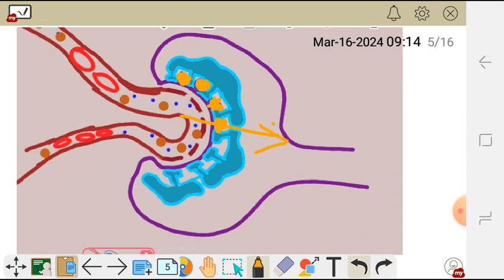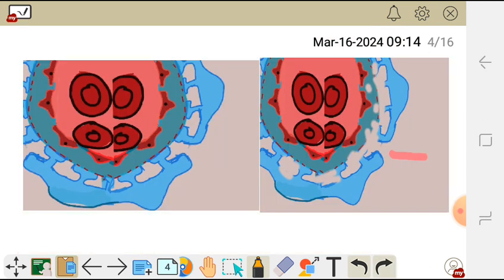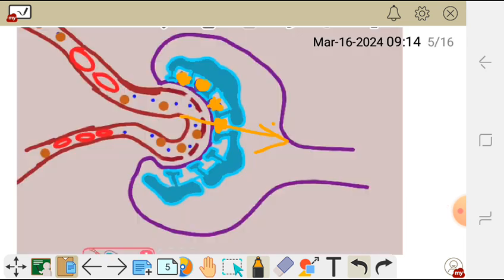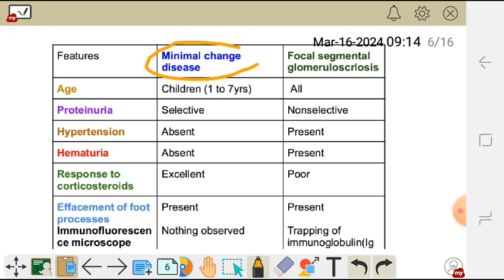Here, the loss of proteins was non-selective. It involved more than one type of protein, but in minimal change, we only had one type of protein lost. So the differences between minimal change disease and focal segmental glomerulosclerosis are on this table here. You can pause and review.